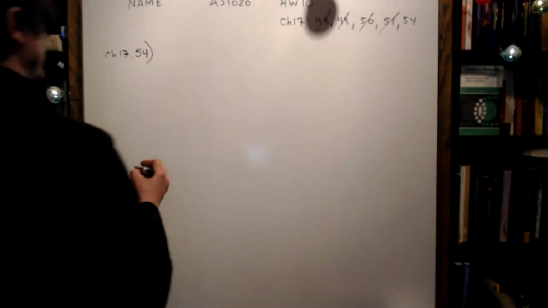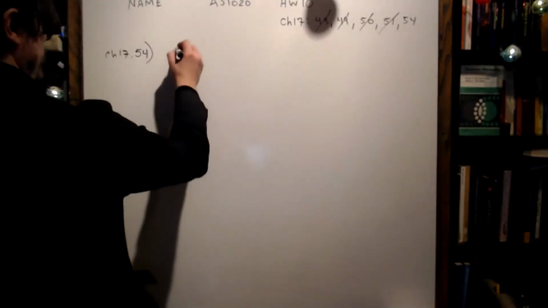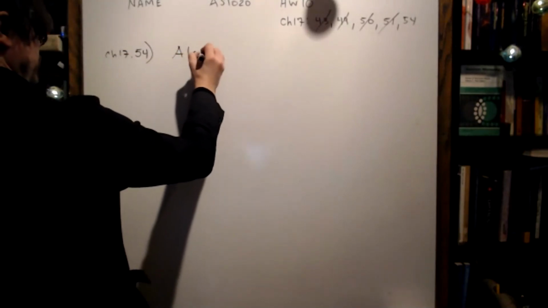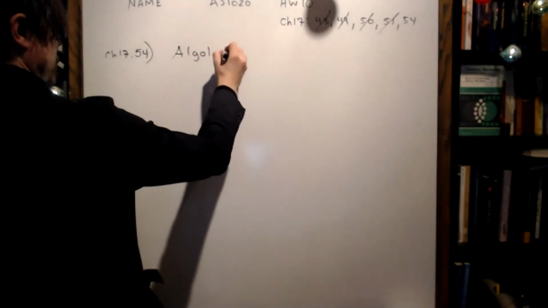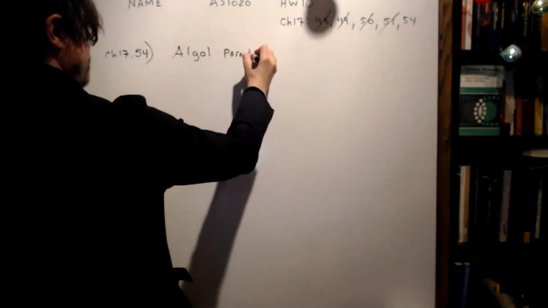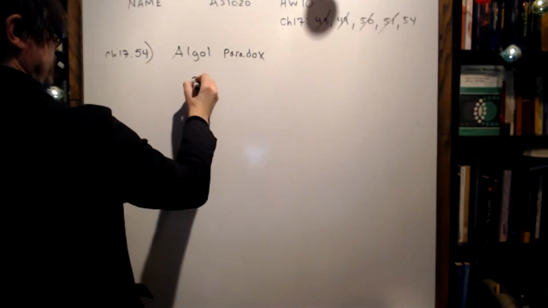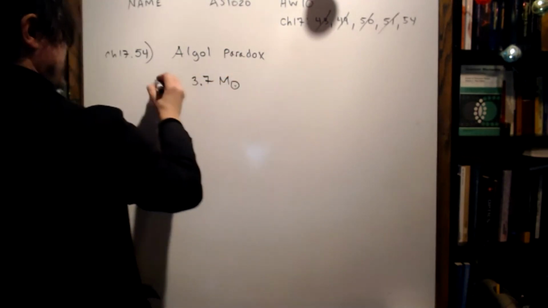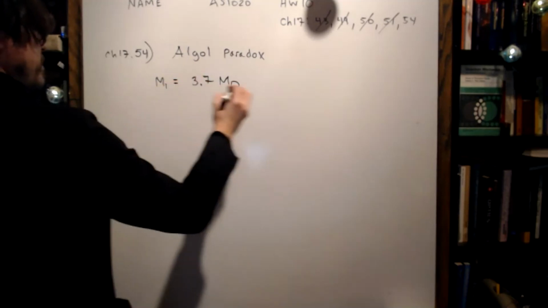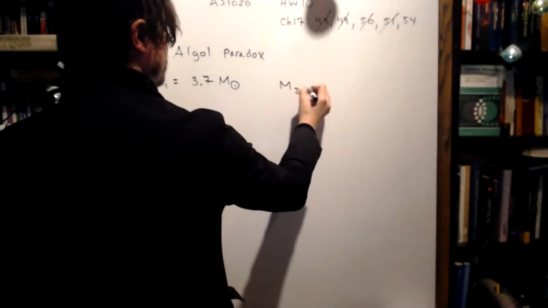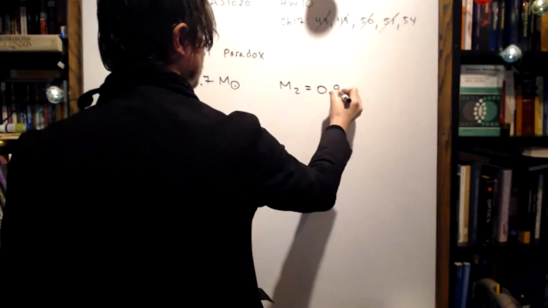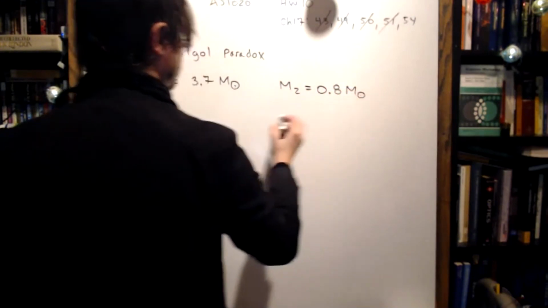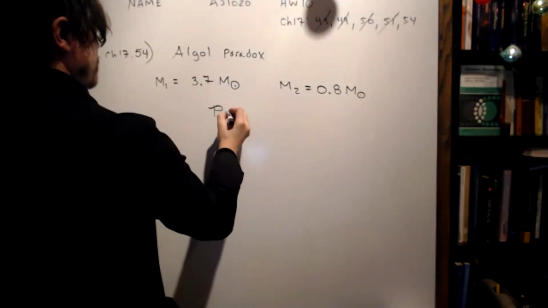54. The Algol binary system consists of a star that is 3.7 solar masses, and a star that is 0.8 solar masses, with an orbital period of 2.87 days.